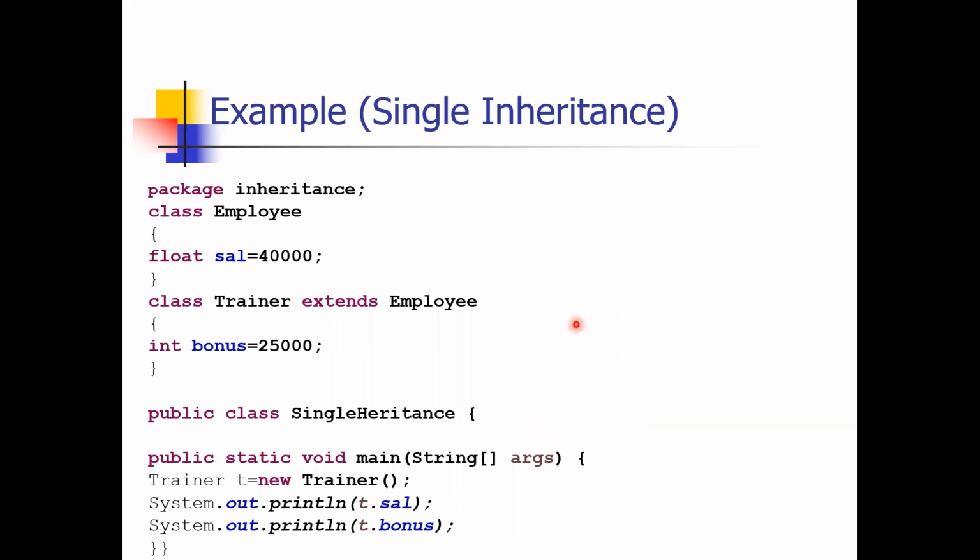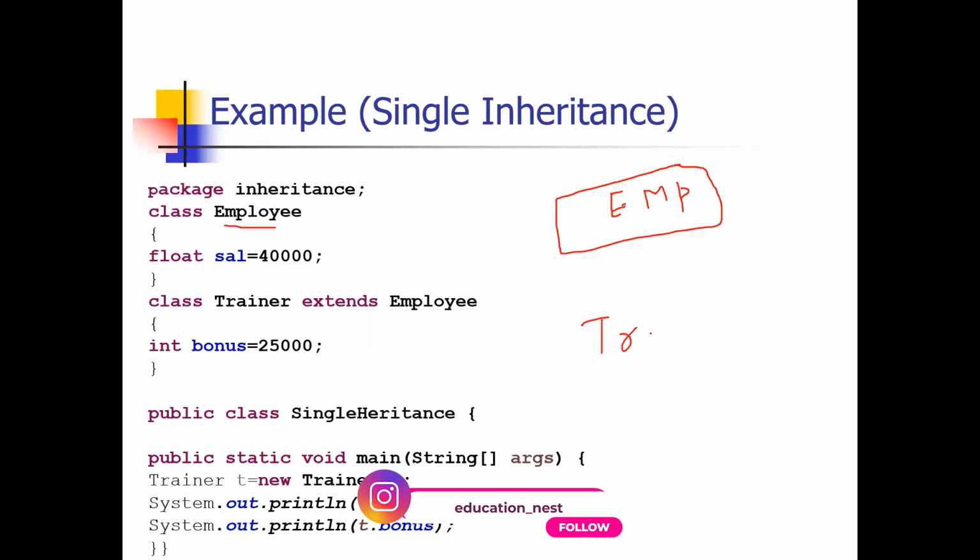Now let's see the example of single inheritance. Suppose we are creating a class employee. One class we are creating for employee, and some code is written inside this class, like salary. The next class is trainer. This is also a class.